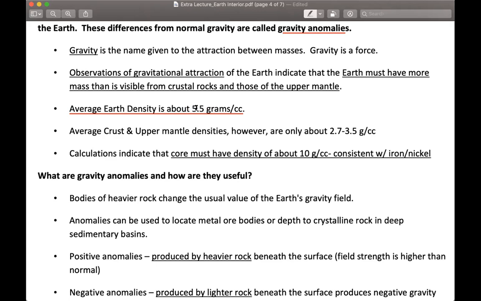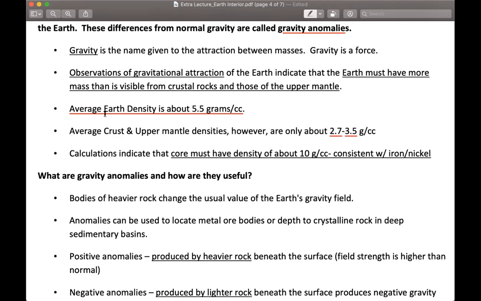So we call it anomaly because it's different from the normal average value. So average crust and upper mantle densities are normally around 2.7 to 3.5. The mantle is denser than the crust, as you know already, about 3.5. The normal crust is about 2.7.